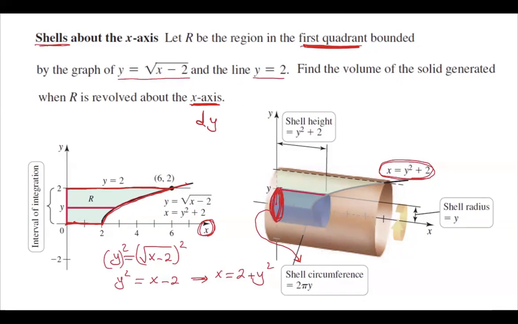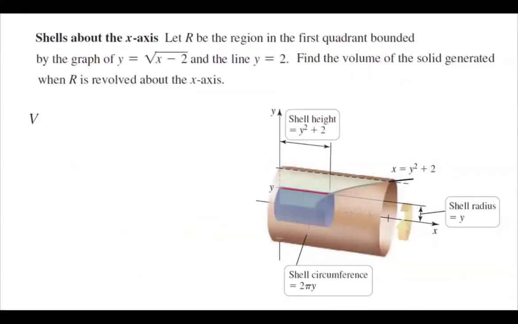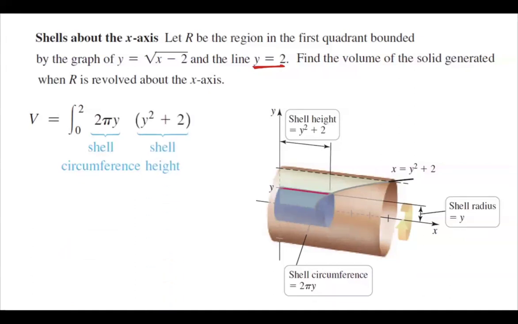Perfect. So let us set up our formula. V is equal to the definite integral from 0 to 2. The maximum y value is 2. 2 pi y is the circumference, times y squared plus 2, which is the height of the shell.